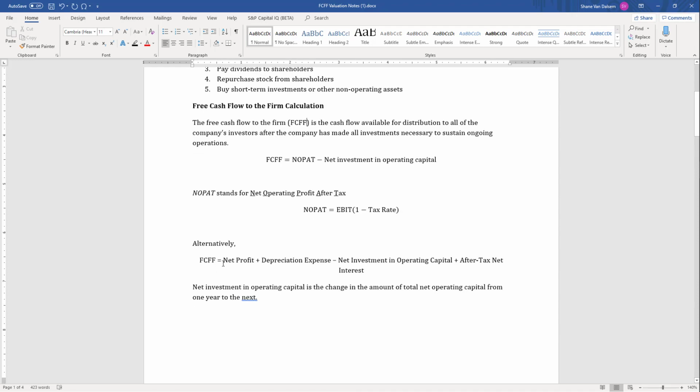Alternatively, free cash flows to the firm can be calculated as net profit plus depreciation expense minus the net investment in operating capital plus after-tax net interest.